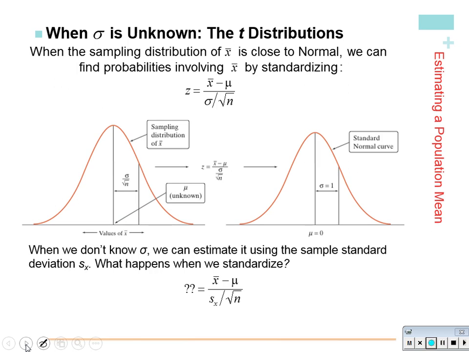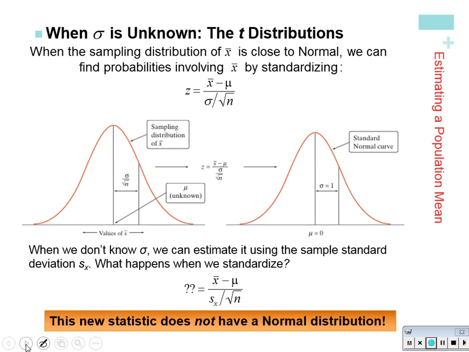Most often, though, when we're talking about quantitative data and confidence intervals, the population standard deviation is an unknown quantity. And when it is unknown, that's when we start to talk about what's known as a t-distribution.